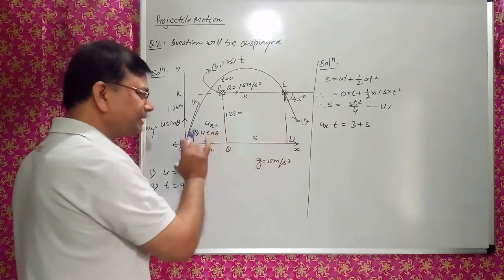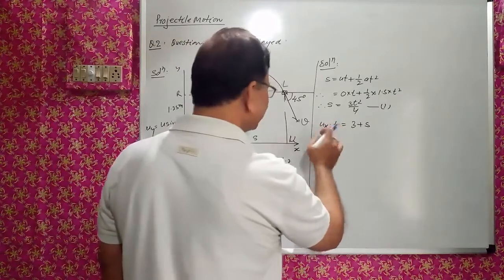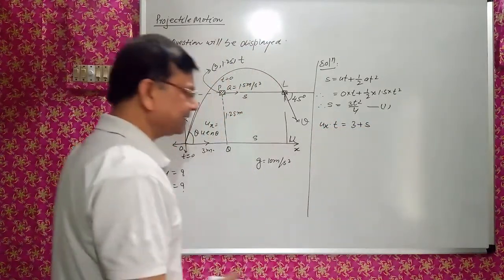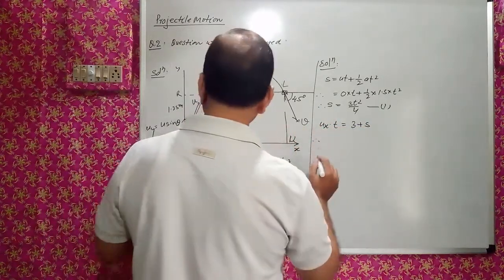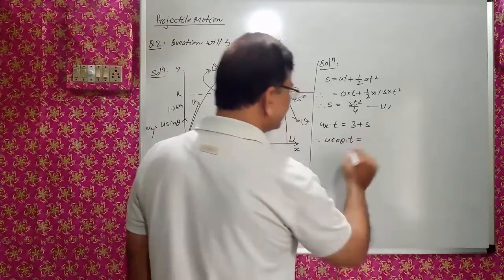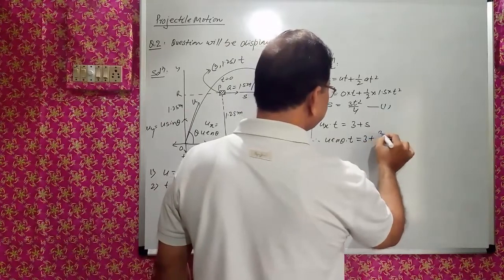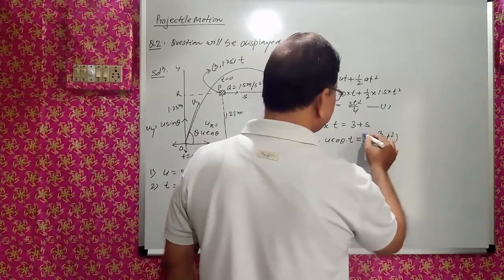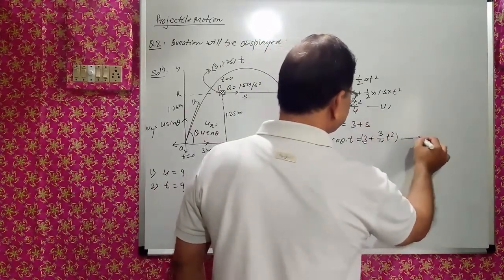So u cos theta into t is equal to 3 plus 3 by 4 t square, because S is this. It is equation number 2.